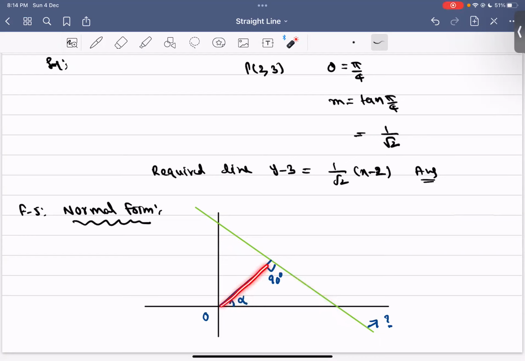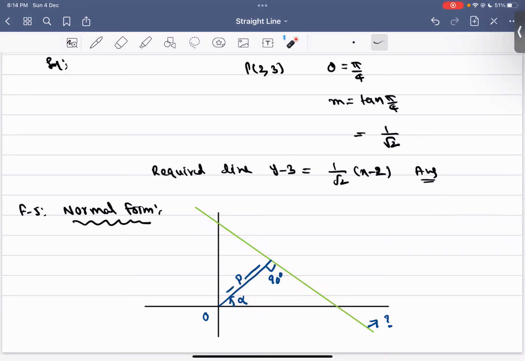This is just the angle made by the perpendicular dropped from origin with the positive direction of x-axis. One quantity is given, this alpha. Another quantity is the perpendicular distance from origin to the line, p. With this angle alpha and distance p, only a unique line is possible.